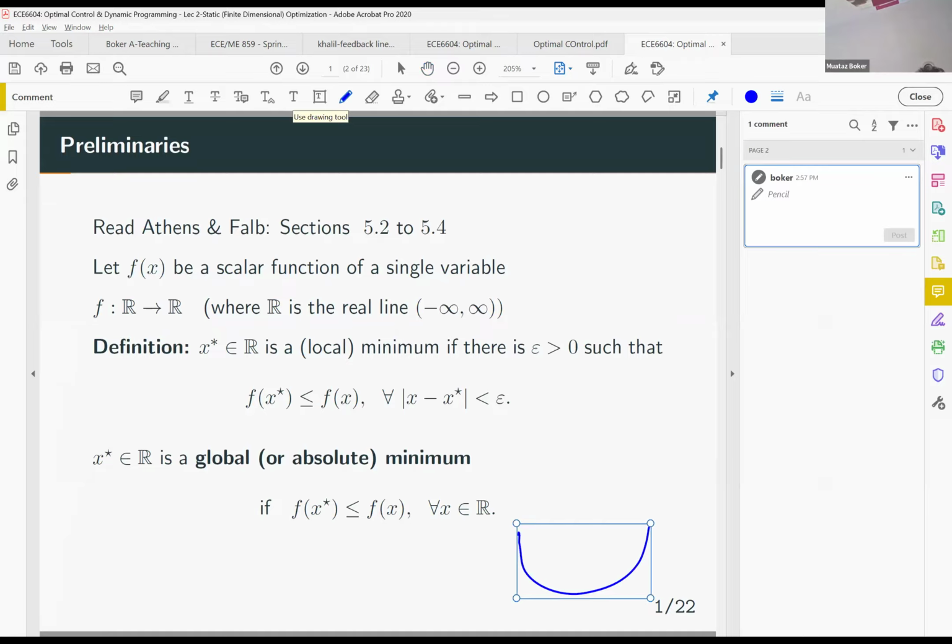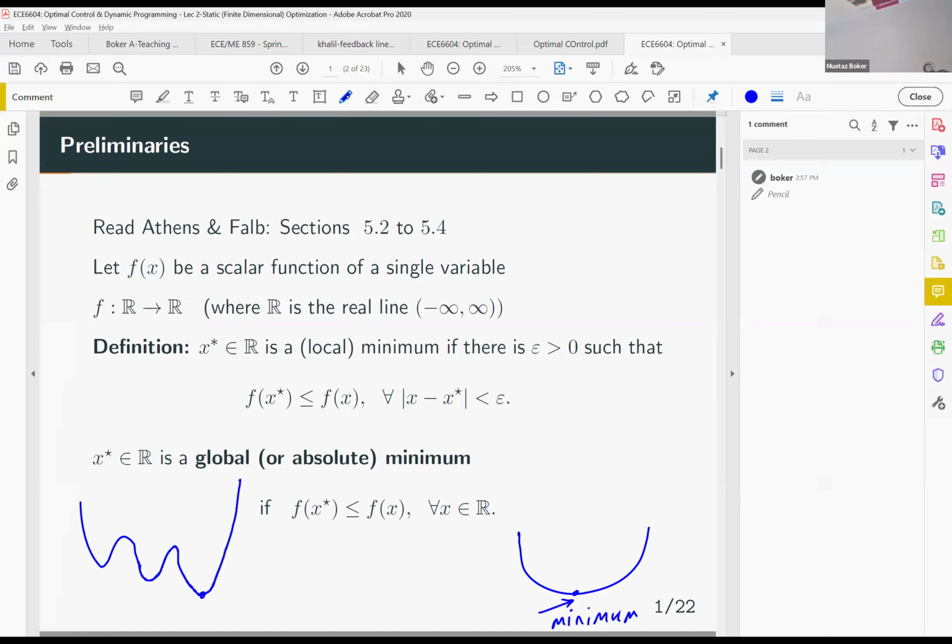Right, so we call this point here a minimum. And let's say this point here and this point here, this is a local minimum. And this point here is the global minimum.